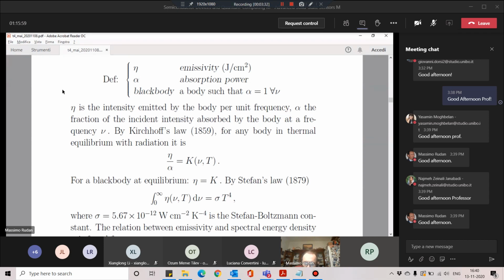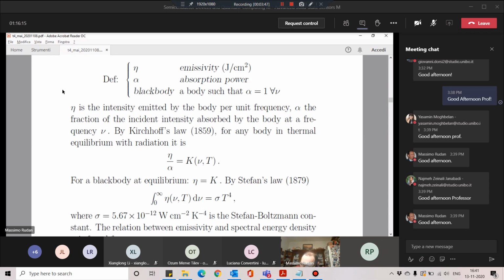It is intuitive that there must be a relation between emissivity and spectral energy density, because the emissivity is the electromagnetic radiation emitted by a body.